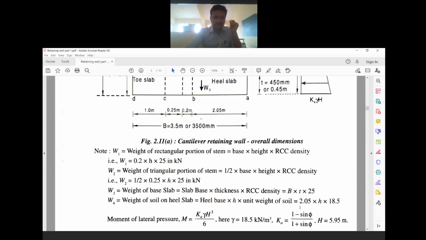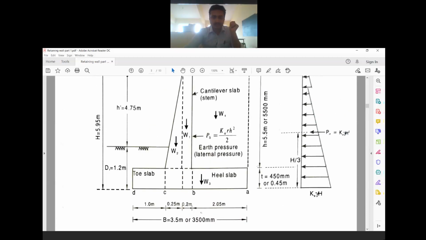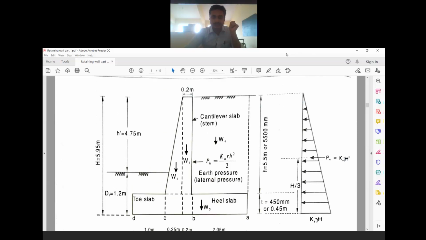Okay, next what we have is weight of soil. Observe here, what is the weight of soil? This much area of the soil is on the heel slab. So the area of this much soil we have to calculate.